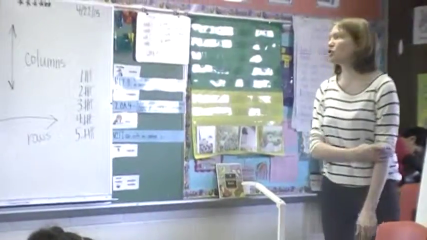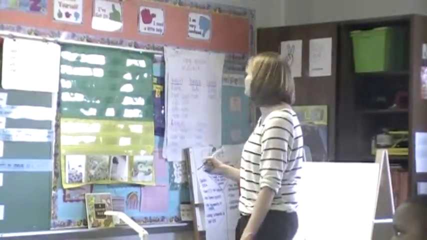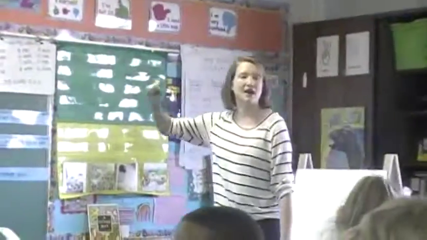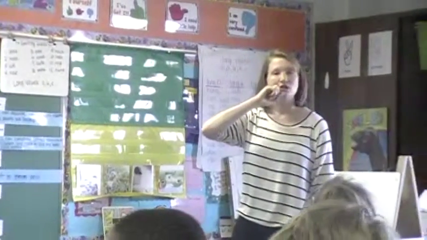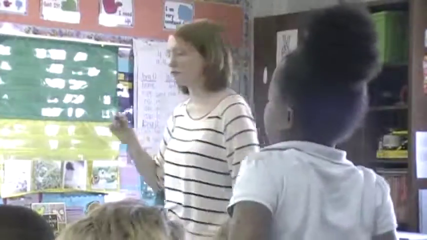All right. It says draw an array of x's with 4 rows of 3. So, are rows up and down or side to side? Side to side. All right.